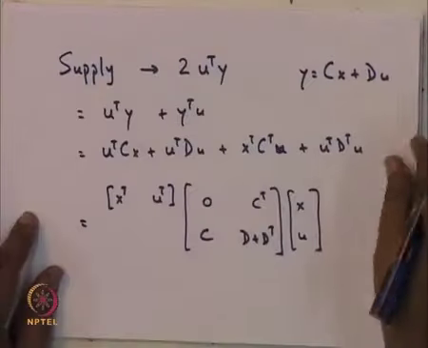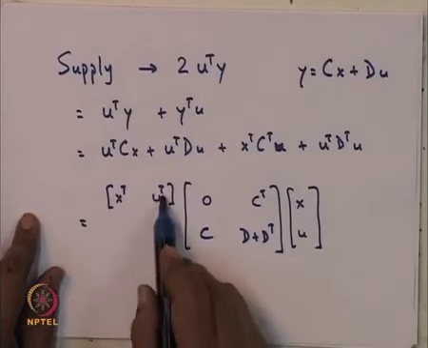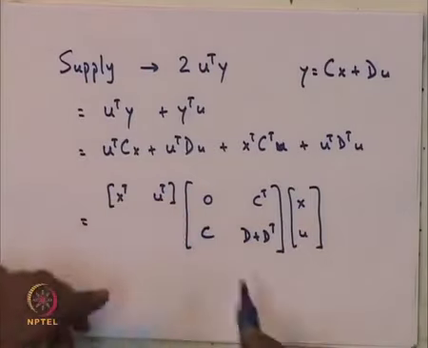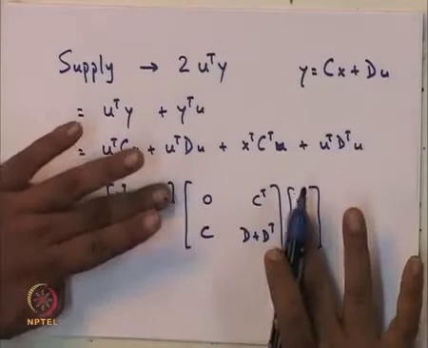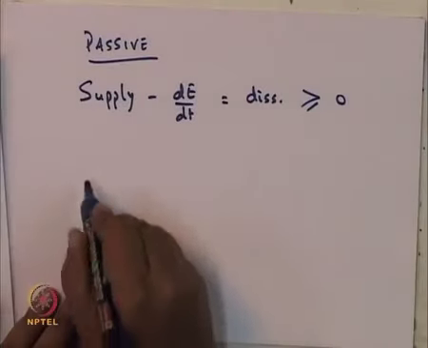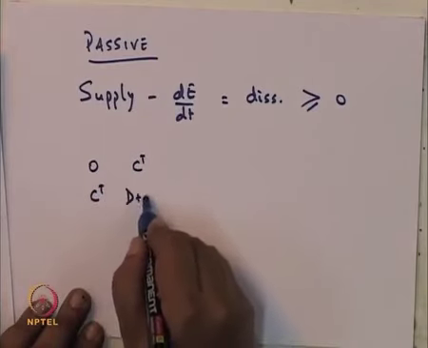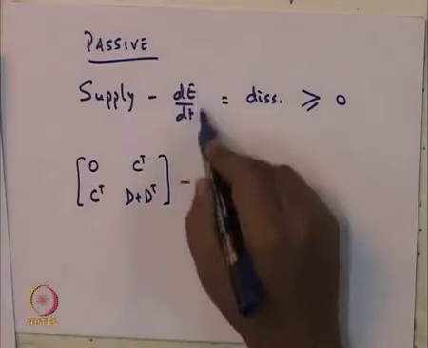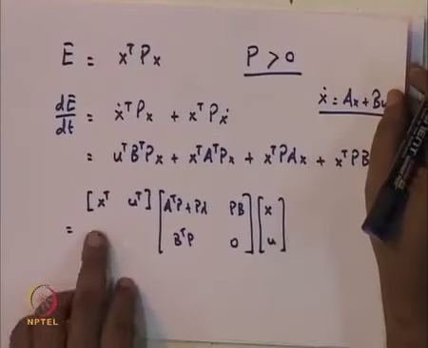Now, we found an expression for the supply. It is x transpose u transpose with this matrix, so this vector x u is used on either side of this matrix. So I will just use this matrix and suppress this x u. If I write down the supply matrix, I get 0, C transpose, C, d plus d transpose, minus dE/dt, for which I had a similar expression using x transpose and u transpose.